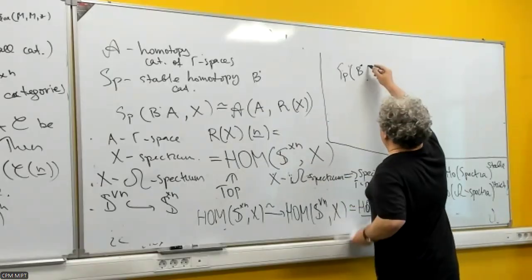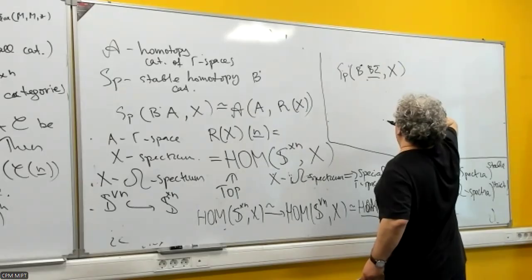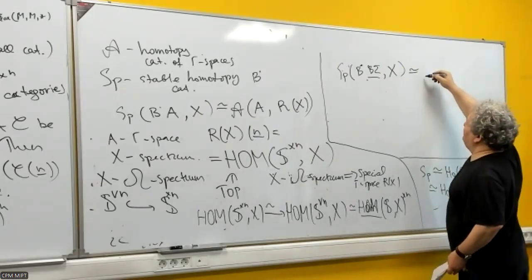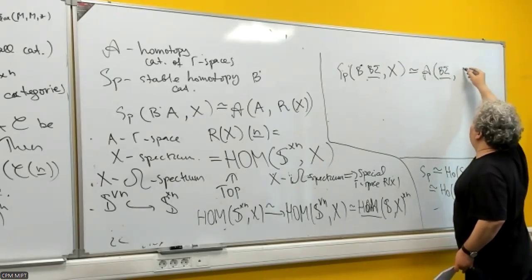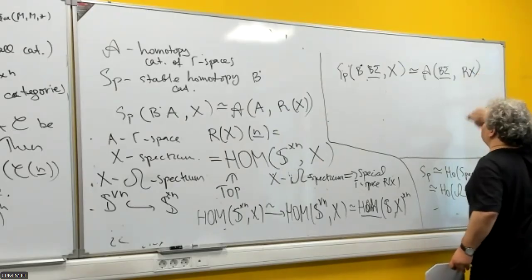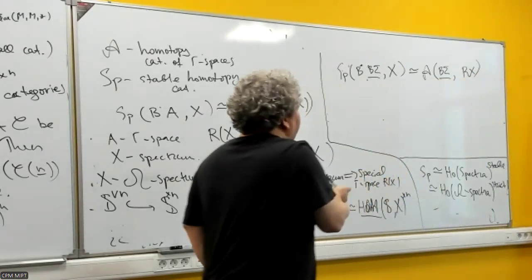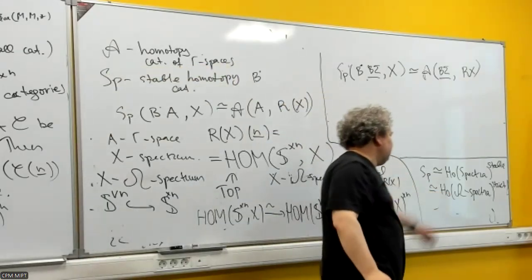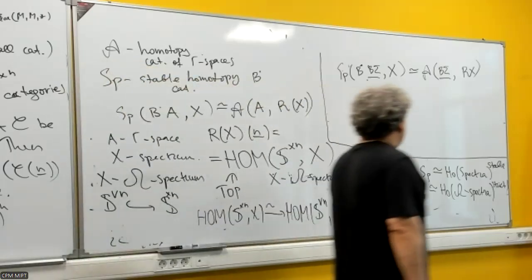So B of B sigma to X is the same as in A, from B sigma to RX. Great. In principle, due to this equivalence, we will always assume that X is an omega spectrum.